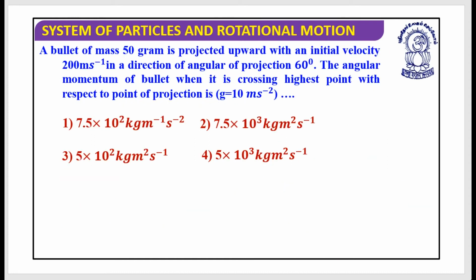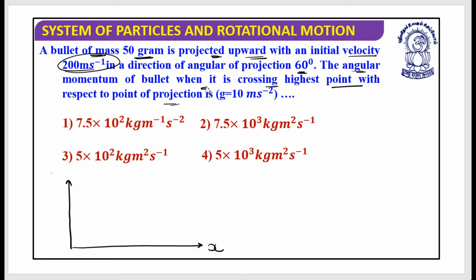The next question says that a bullet of mass 50 gram is projected upward with an initial velocity of 200 meter per second in a direction of angular projection 60 degree. The angular momentum of the bullet when it is crossing the highest point with respect to the point of projection.